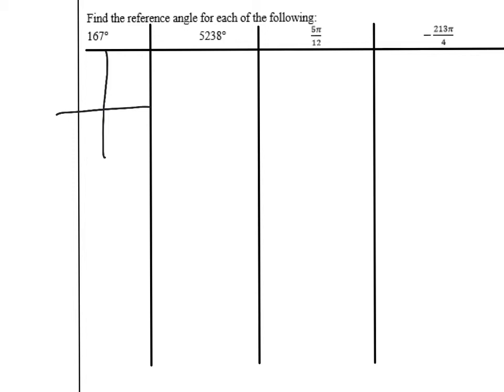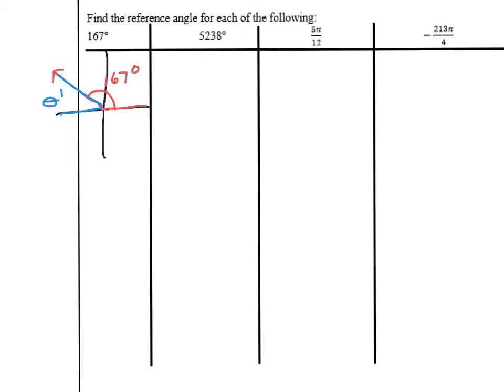Here's 167. Pretty straightforward one to get started. Here's 167 degrees. Here's theta prime, that's what I'm looking for. It's in quadrant number 2.